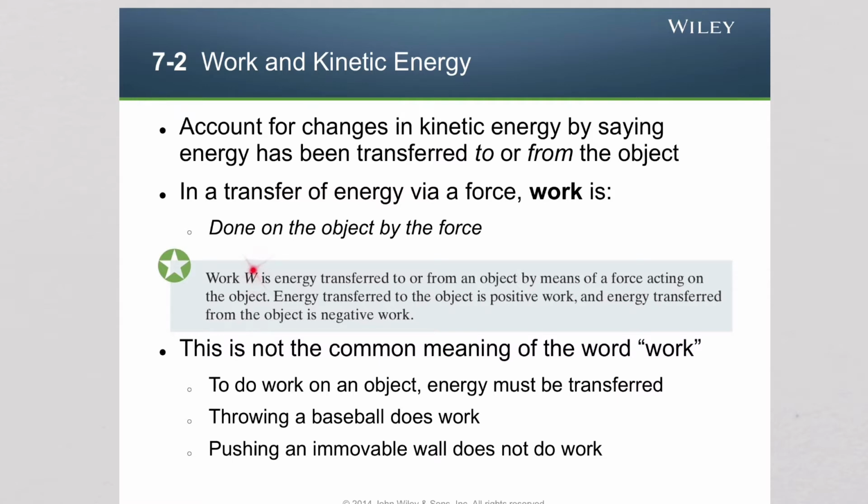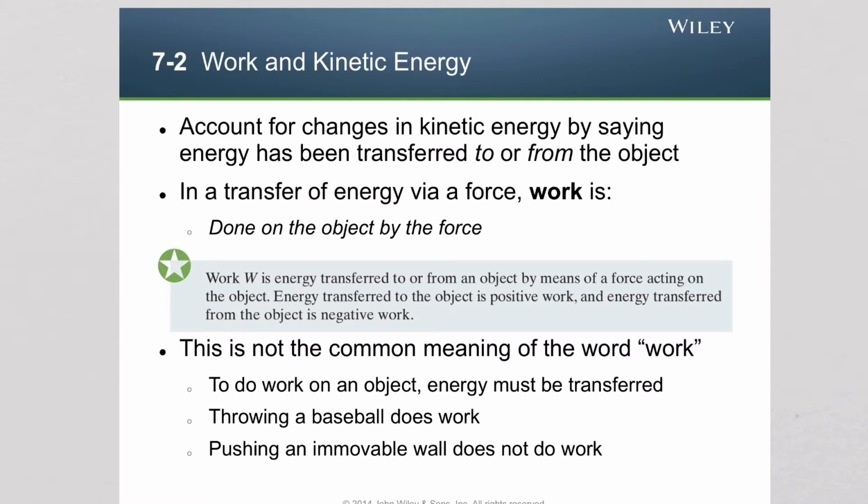The work W is energy transferred to or from an object by means of a force acting on the object. Energy transferred to the object is positive work, and energy transferred from the object is negative work.